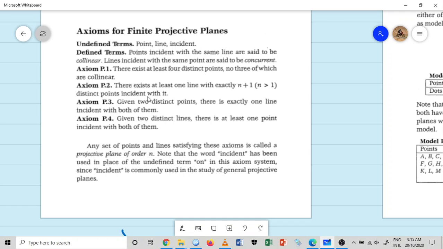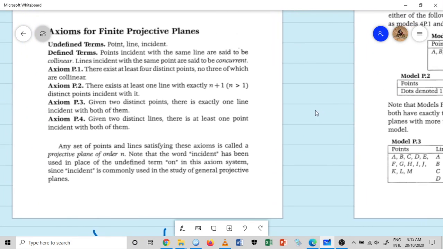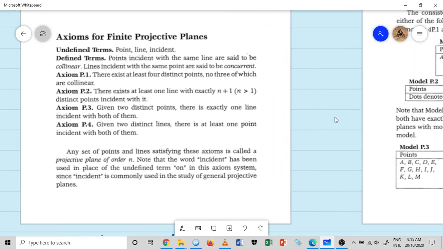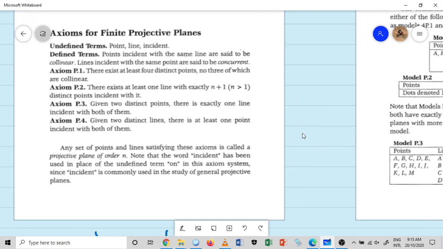If the duals of all four axioms in this system are theorems, meaning they can be proven true, that would mean that the finite projective planes is an axiomatic system which satisfies the principle of duality. We can actually prove that by proving the dual of each of these four axioms.